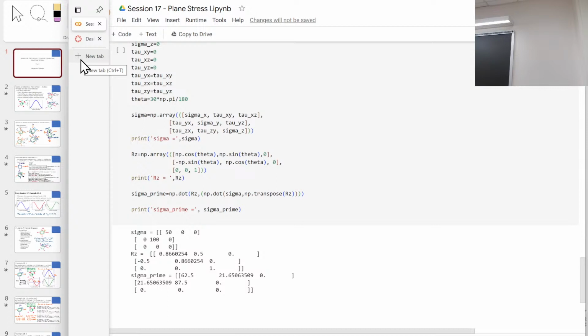Let me see if I can change that for future generations. That is weird. When did that happen?